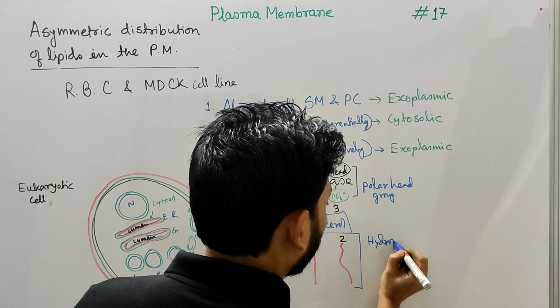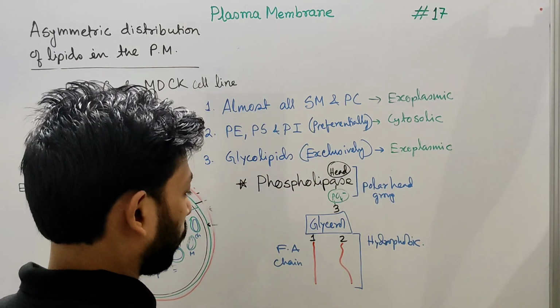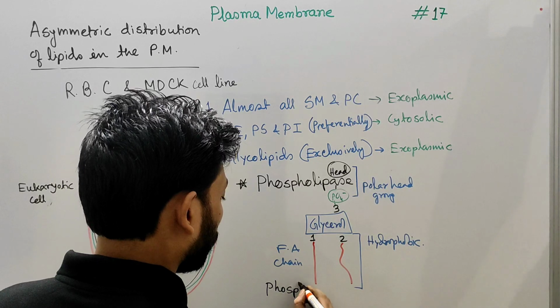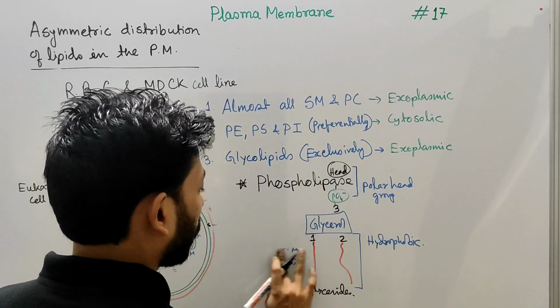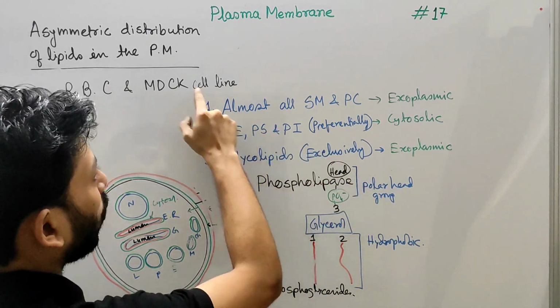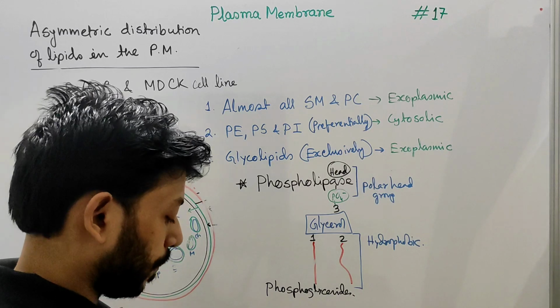Hydrophobic. So this is an example of a phosphoglyceride, any phosphoglyceride it could be. Now, depending on the head group, we call this phosphatidylcholine or ethanolamine or serine or inositol.